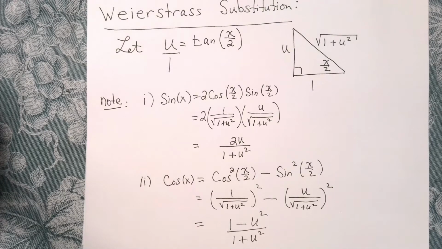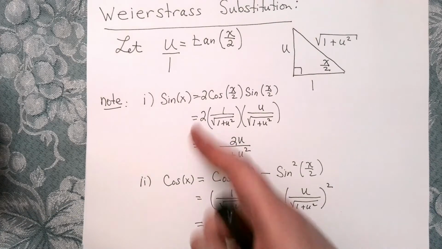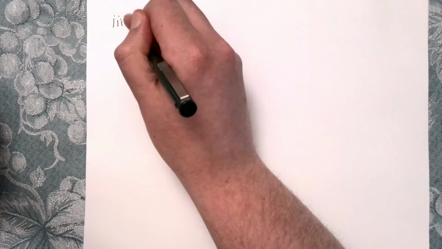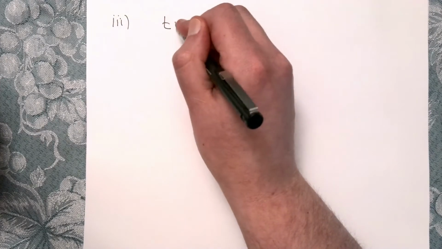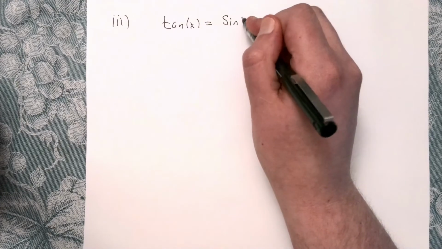Okay, so with that said, let's go ahead and find the tangent of x. So we can find the tangent just by stacking sine and cosine. Okay, so tangent of x, that's equal to sine of x over cosine of x.